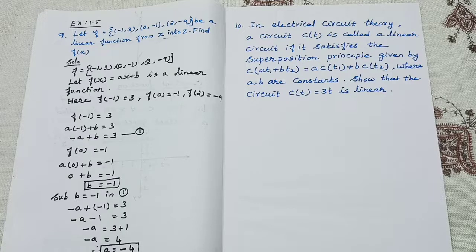Show that the circuit C of t is equal to 3t is linear. Have to show. Have you understood?